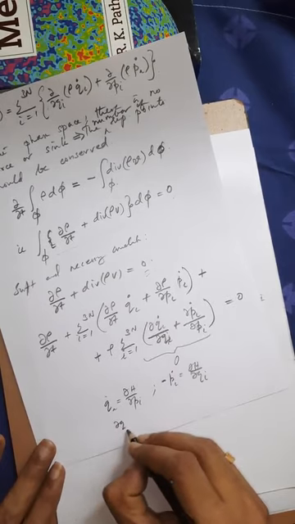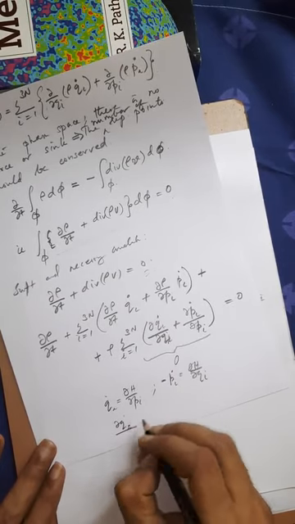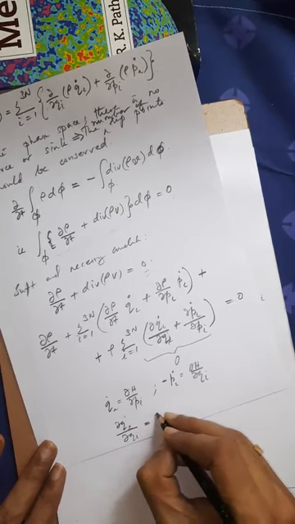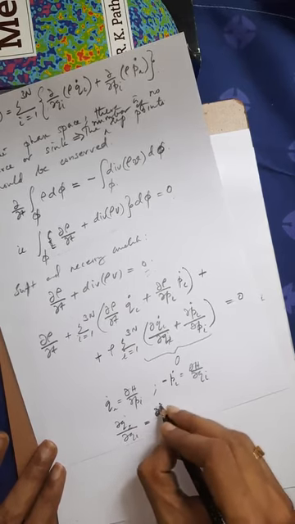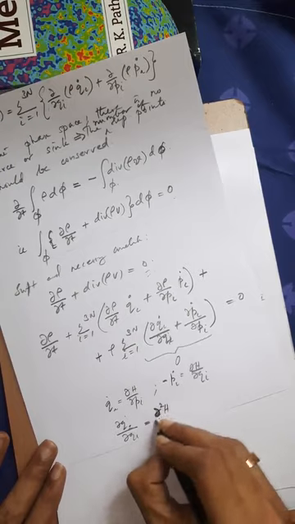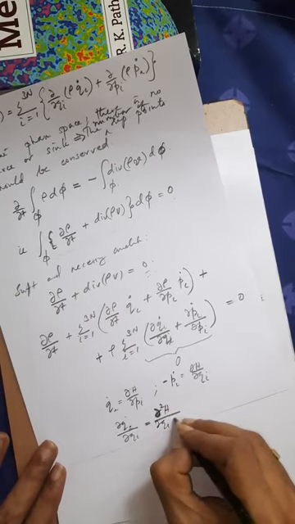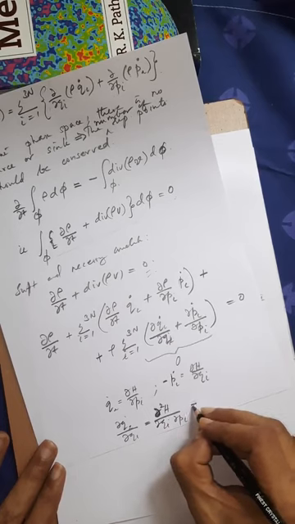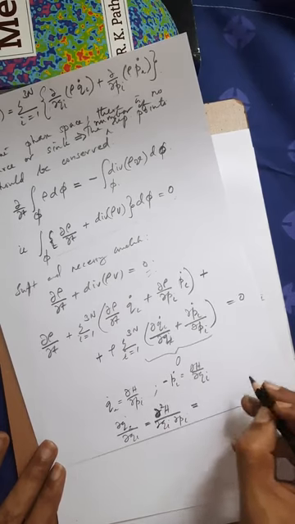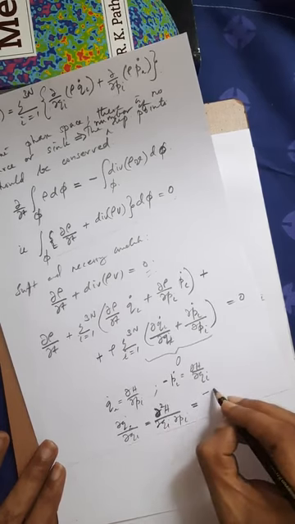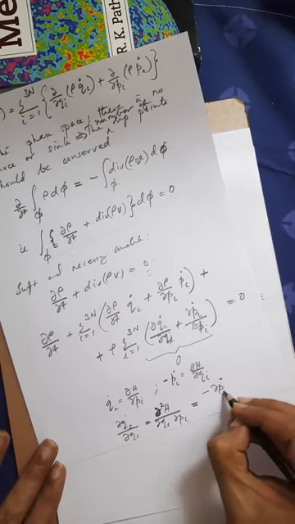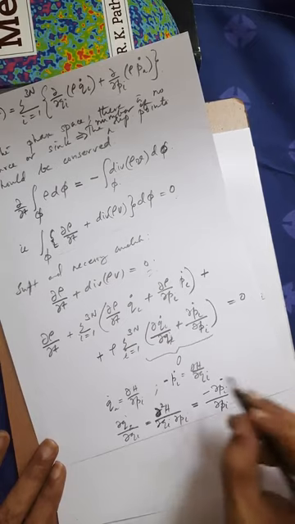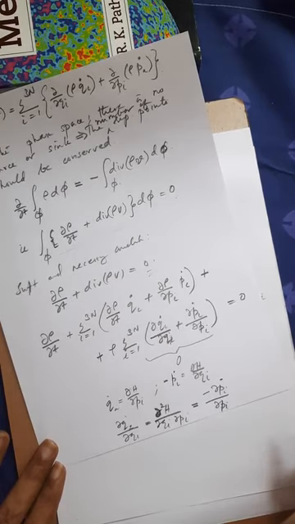Therefore, dou qi dot by dou qi is equal to dou squared h by dou qi dou pi, which can be written as minus dou pi dot divided by dou pi, right, based on this expression.